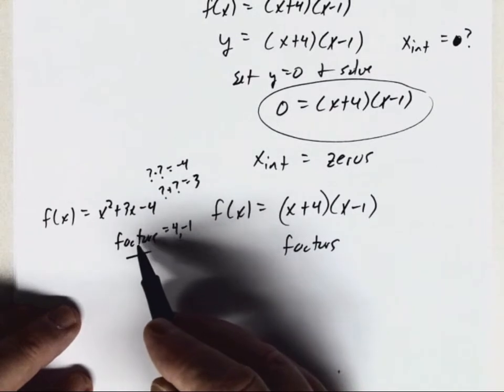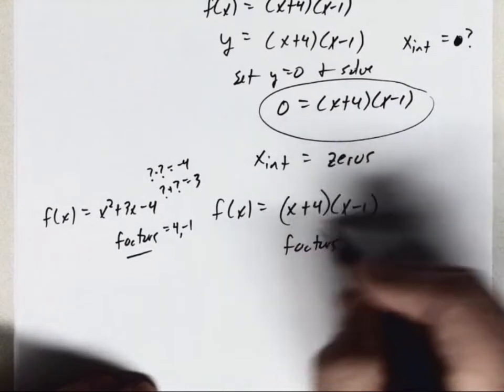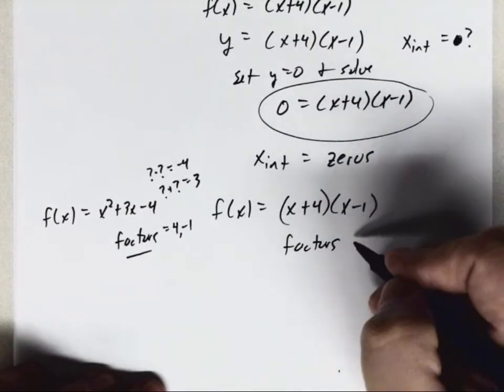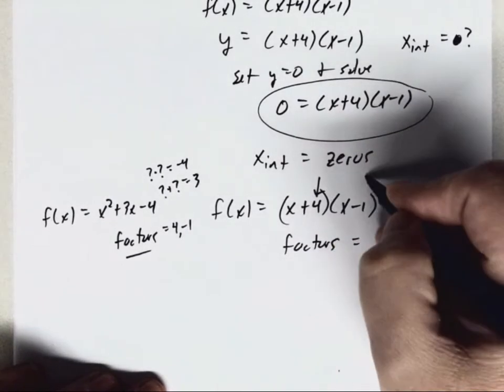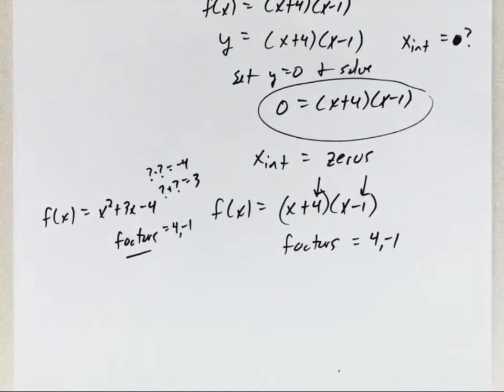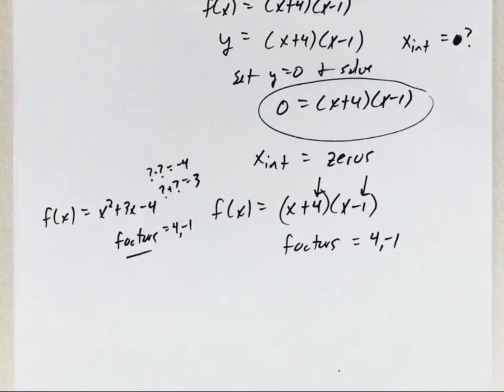But you notice I called these the factors. So when I look at an equation like this, if someone asks what are the factors, these numbers here are the factors. Once again, when you have an equation that's been factored, the factors are the numbers sort of like inside the parentheses.